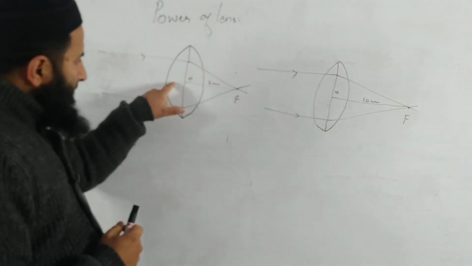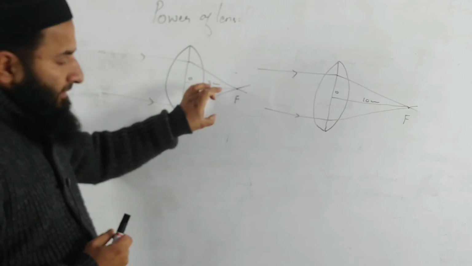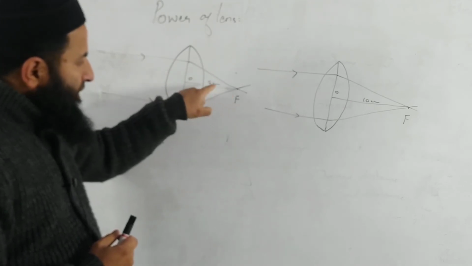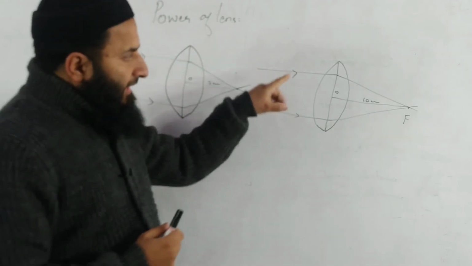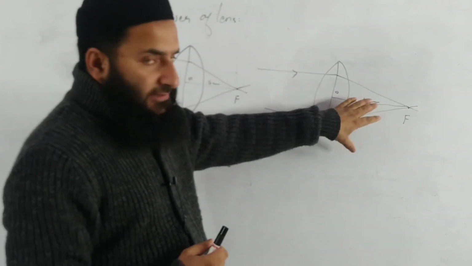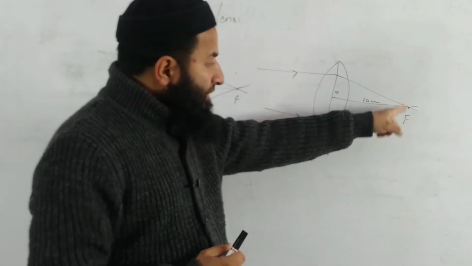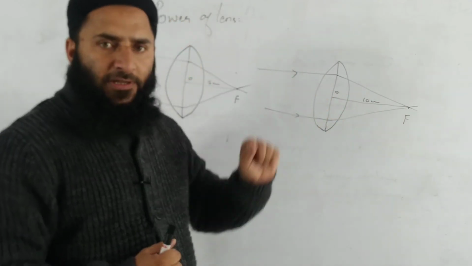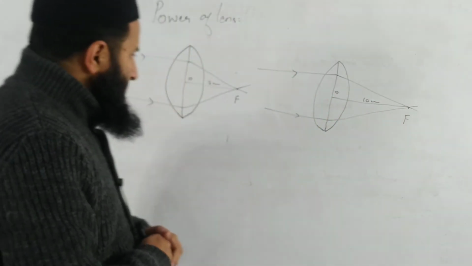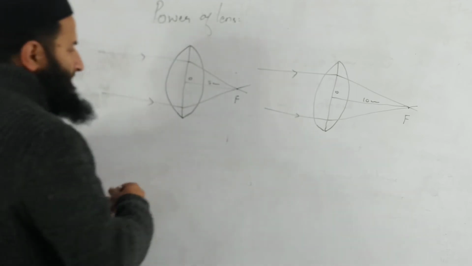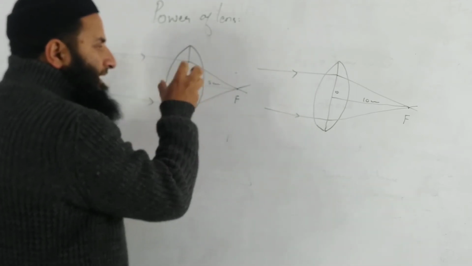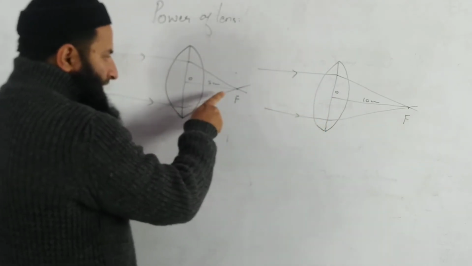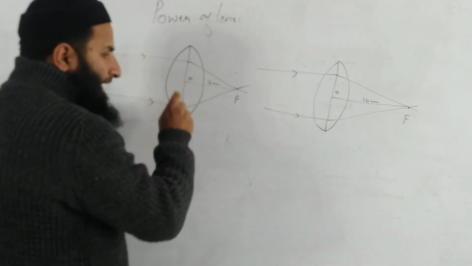This lens converges light rays at a point F, which is 5 centimeter away from optical center. This lens also converges light rays at F, which is 10 centimeter away from optical center. We can say, since this lens converges light rays more easily than this one, the distance from F to O is only 5 centimeters.